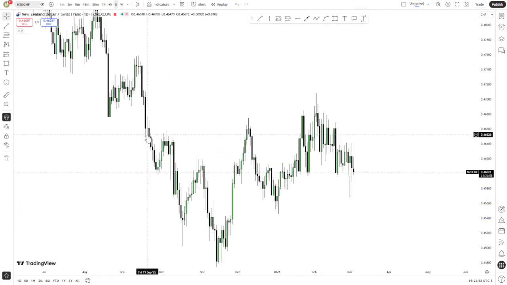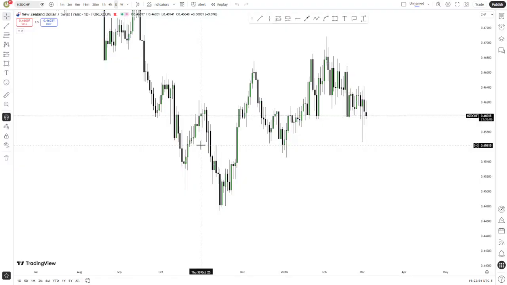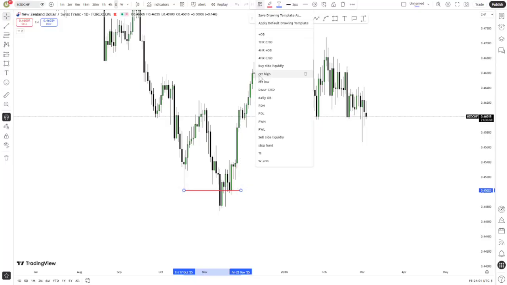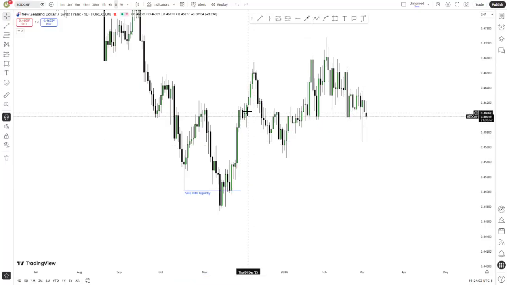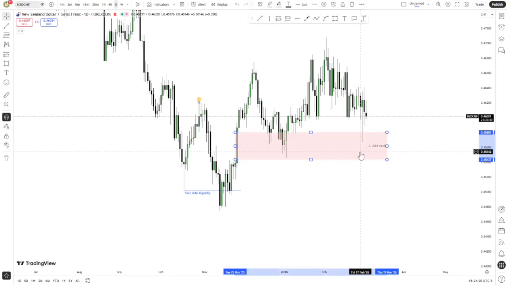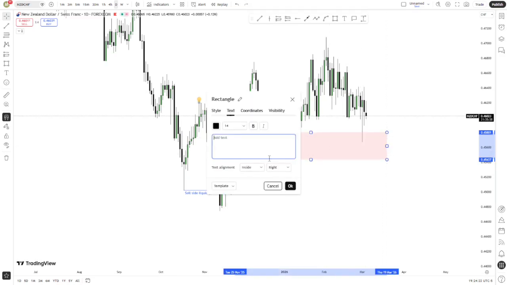On the daily time frame, you can see that price has swept this sell side liquidity, and price made a market structure shift above here, leaving an FVG. Price left an FVG here, so we are inside the daily FVG. I'm going to tap that daily FVG.